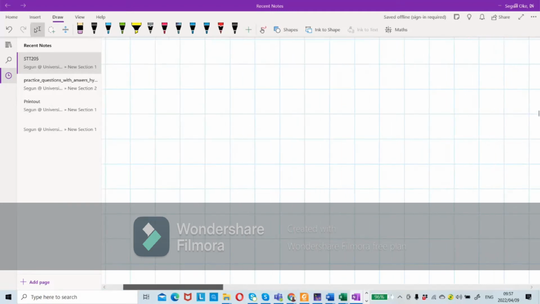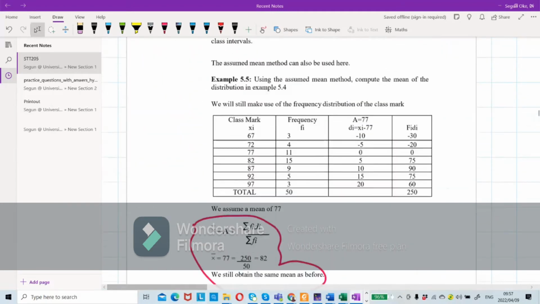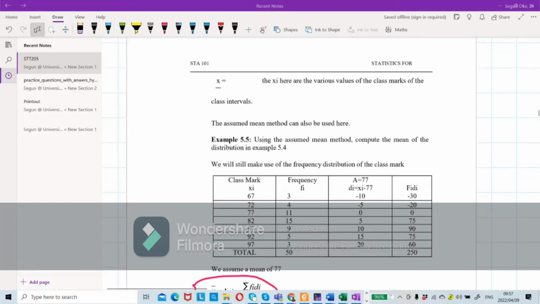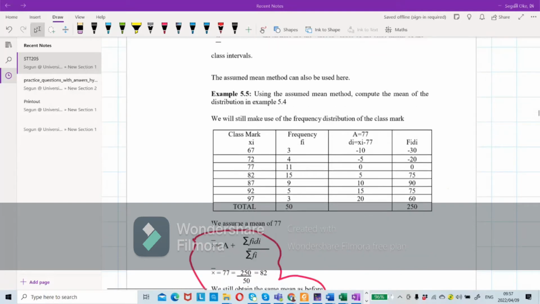Everybody just hold on. Let's look at this question. Let me explain it. This question, can someone tell me, is it group data or ungrouped data? It's example 5.5. It's a group data, sir.